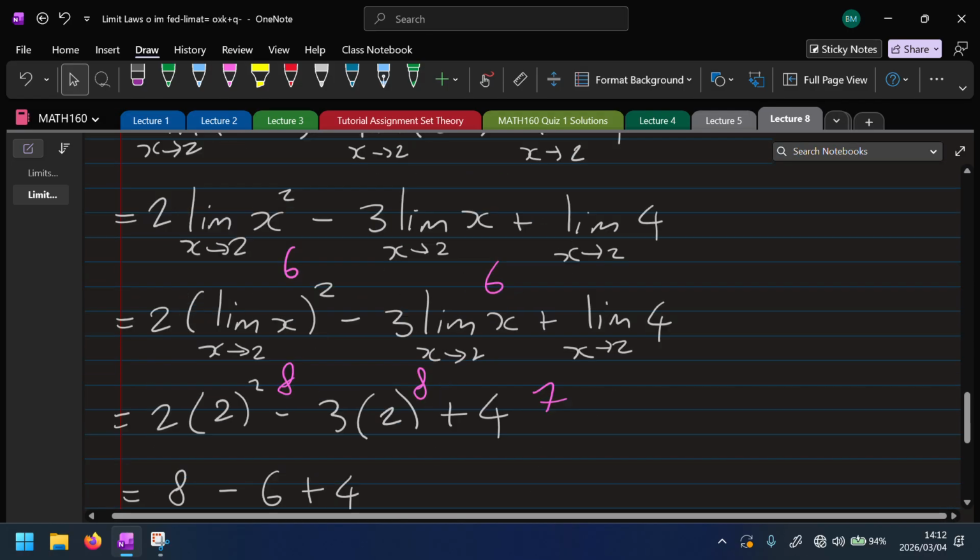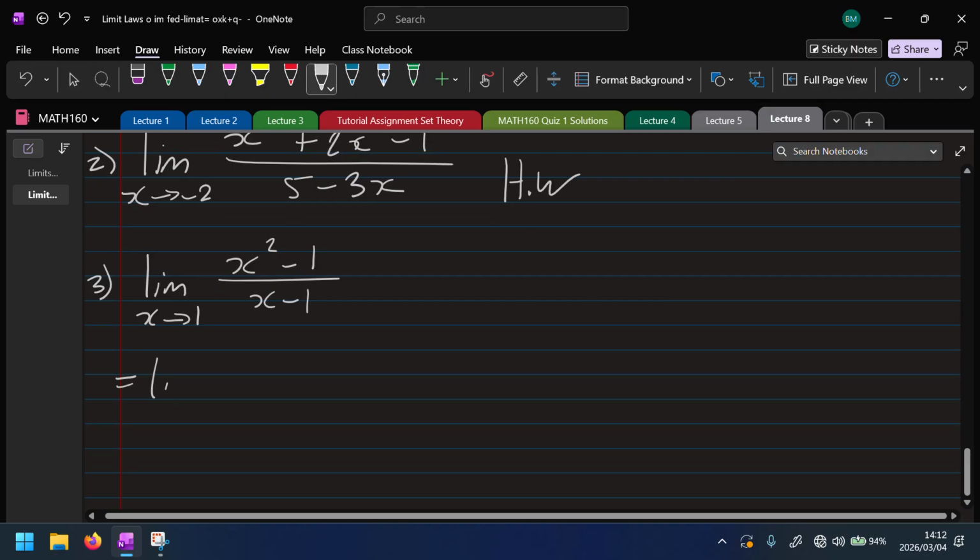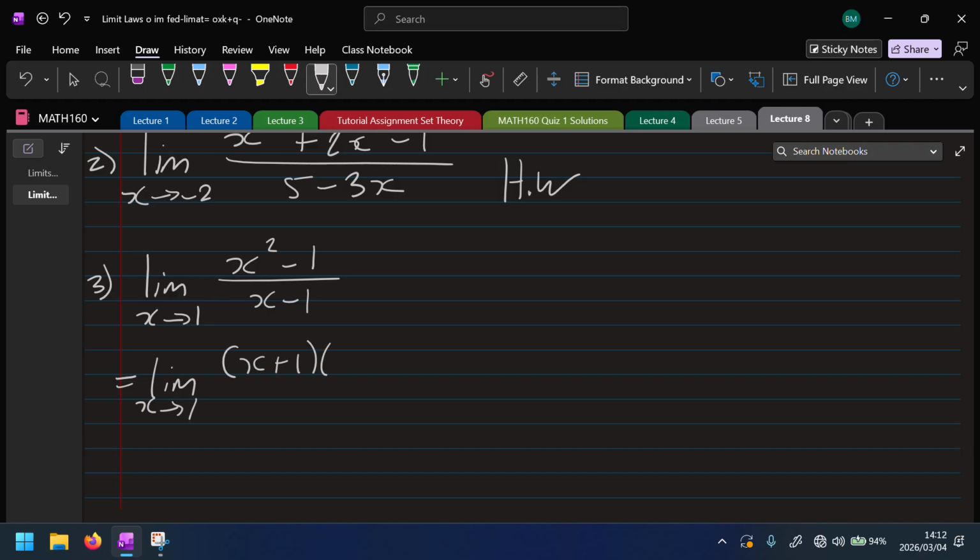Notice the top is a difference of squares, x squared minus 1 squared. So we're going to write this as the limit as x goes to 1 of (x plus 1)(x minus 1) over x minus 1. Please remember your algebra. x minus 1 over x minus 1 cancels.